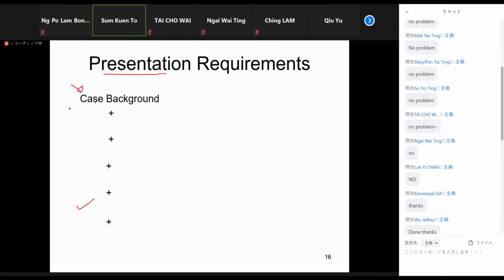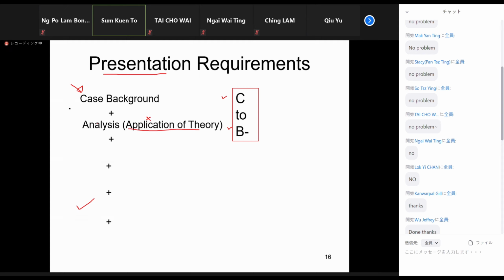And of course, in your presentation, you must apply what you have learned. And if you present the wrong case, or you present the right case but you didn't apply the theory, sorry, I cannot pass you. And if you can do both, yes, definitely you pass.